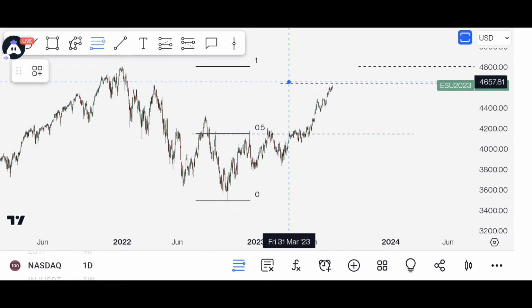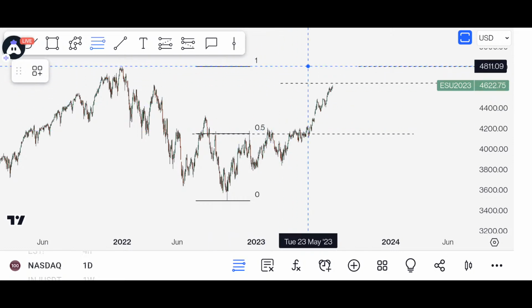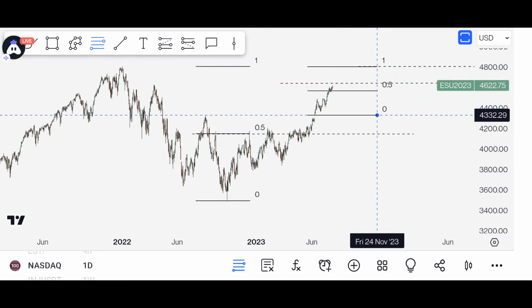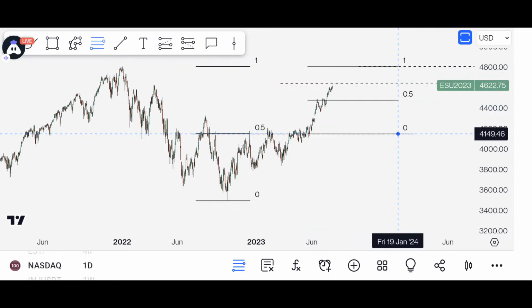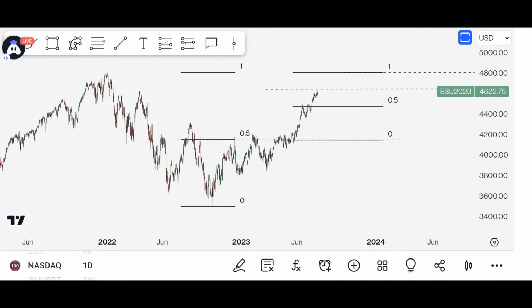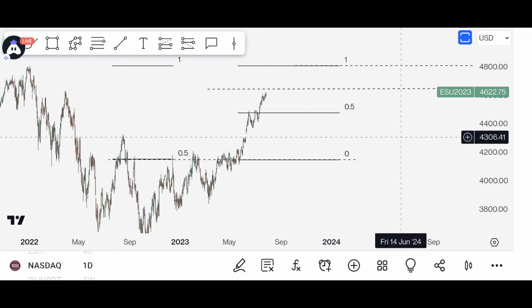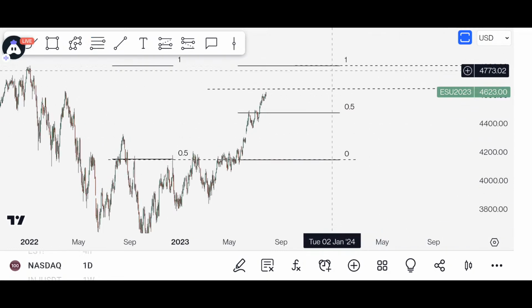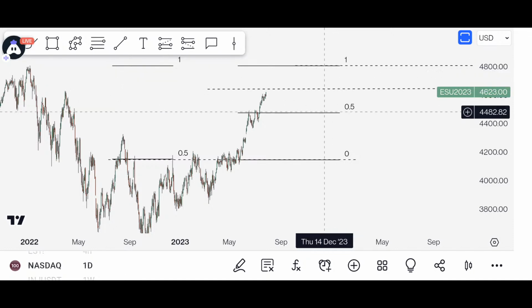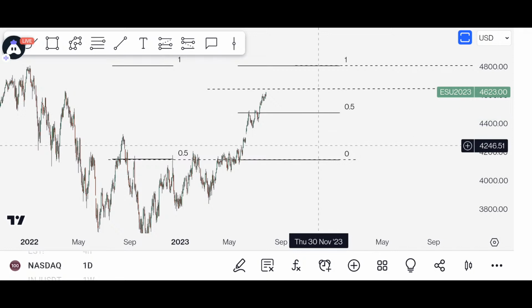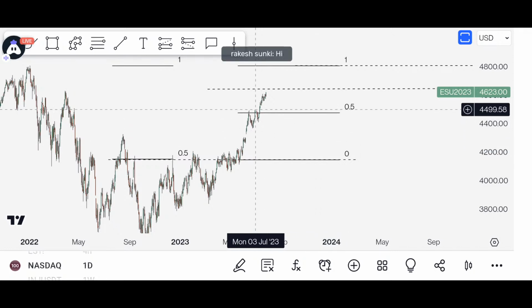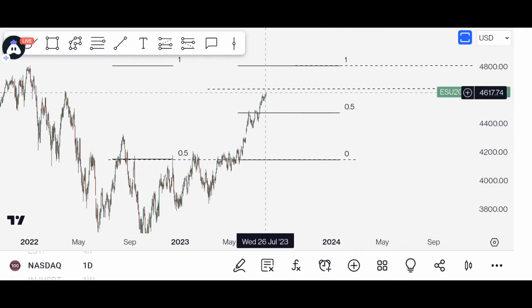Now I will draw the 0.5 line in the premium market. In the premium market we have discount and premium. This upper portion is the premium, and below you can see the discount. You can see the price came down and quickly went up, so this is the discount and that's the premium.